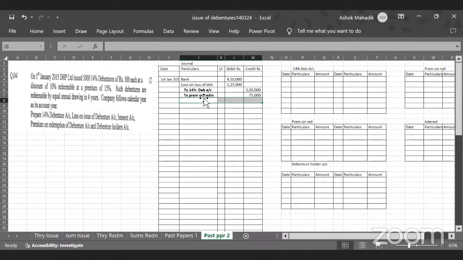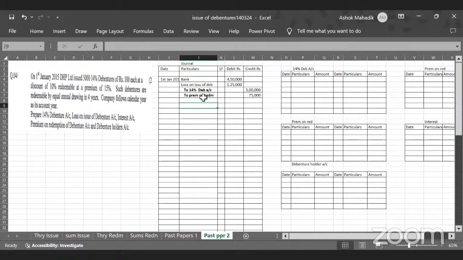This includes the loss on account of issue, that's 50,000, plus premium payable at the time of redemption, 75,000. Therefore, I have combined those two accounts and kept the name loss on issue of debentures, 1,25,000. This will save at least 5 to 6 entries. The time required for recording another 5-6 entries will be saved since we are combining these two accounts. So this was the entry for your issue.